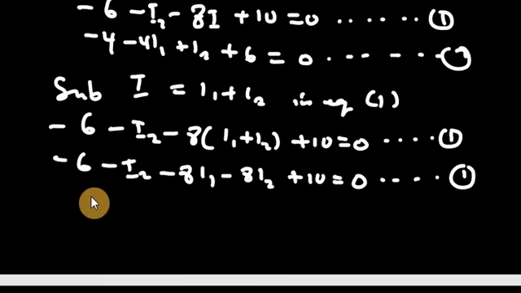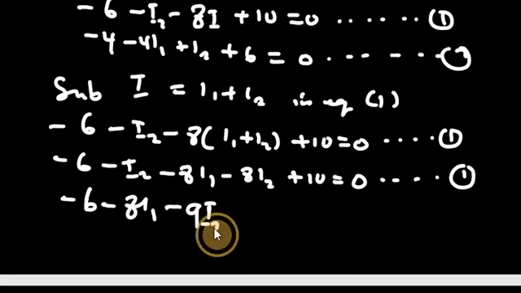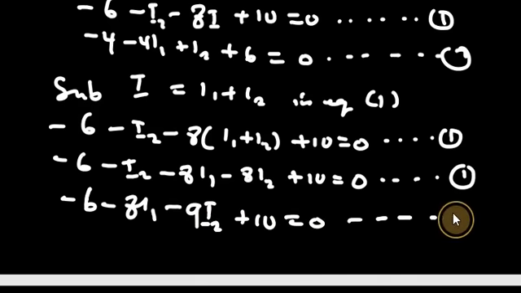So collecting like terms, we have minus 6 minus 8I1 minus 9I2, this is 1 and this is 8 here, plus 10 equals 0. This is equation 1.